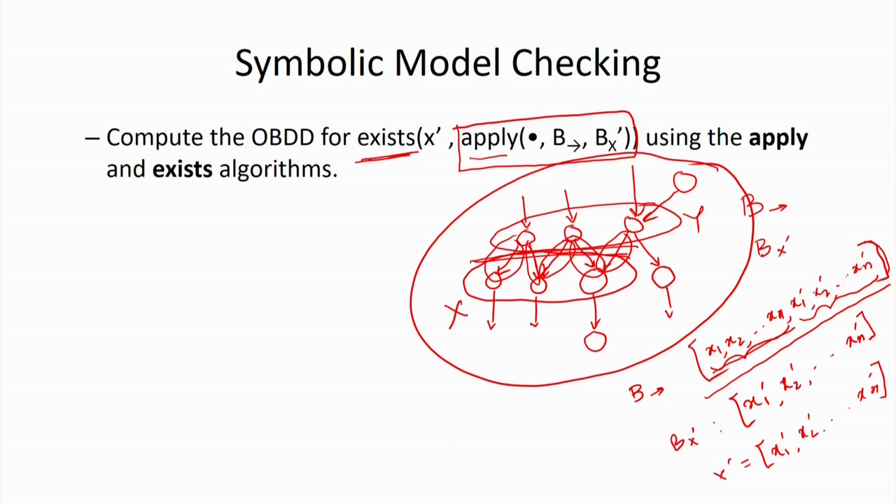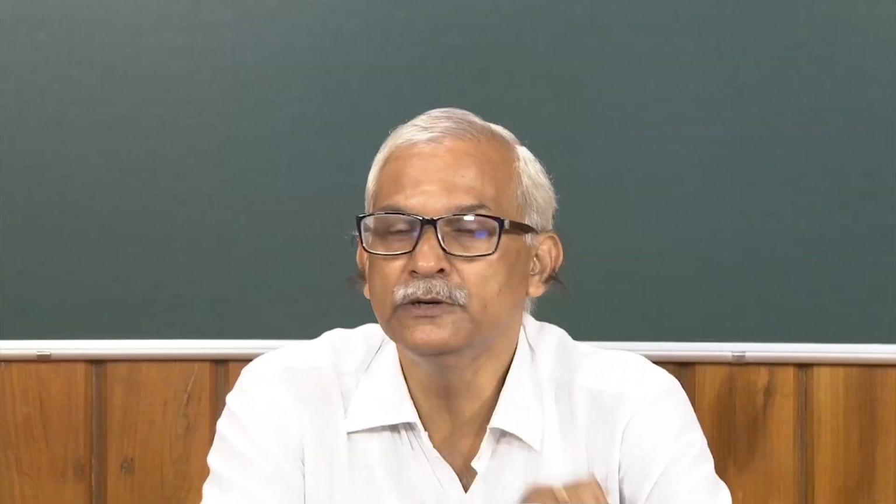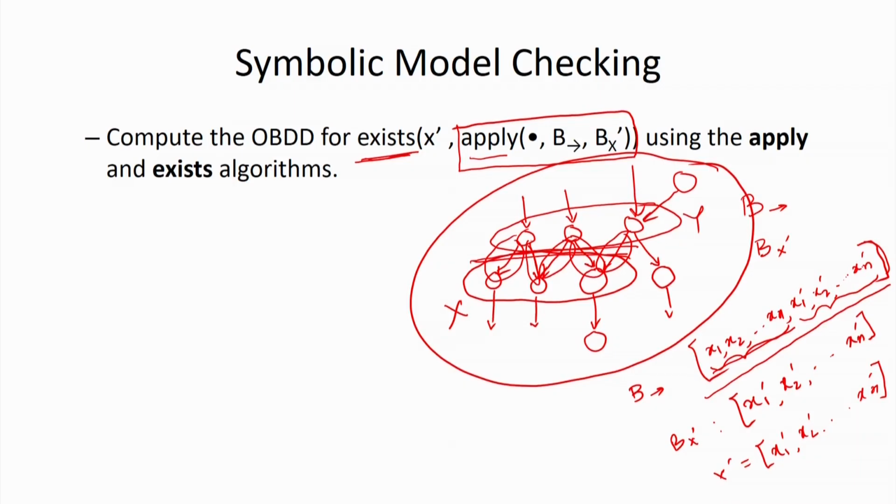So, this is the inherent meaning of this particular operation and this particular pre-dr exist x method. Okay. Now, from here what we have seen is that we can find out the predecessor states of a given set of states using this particular pre-dr exist x.